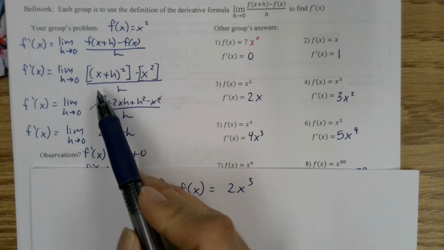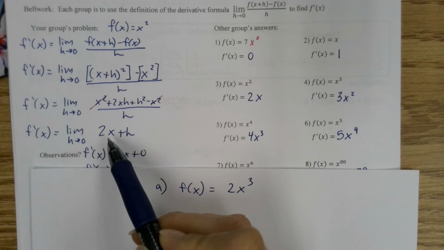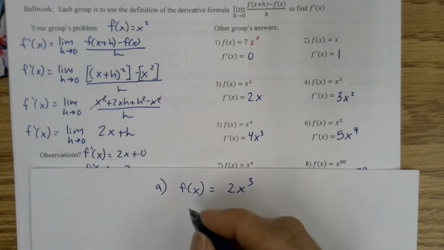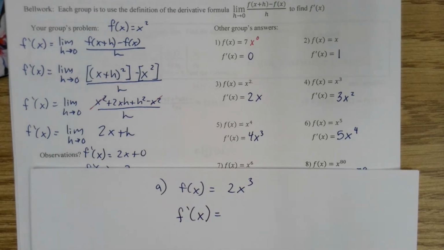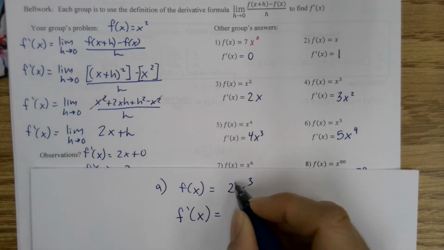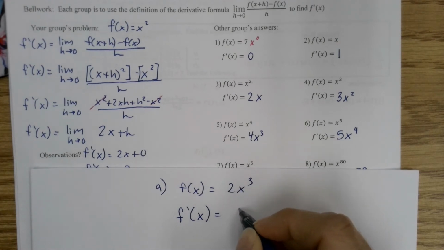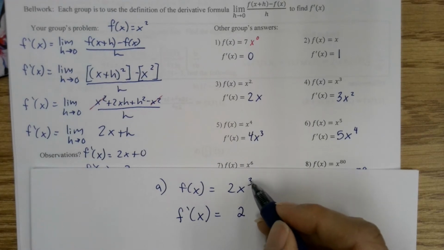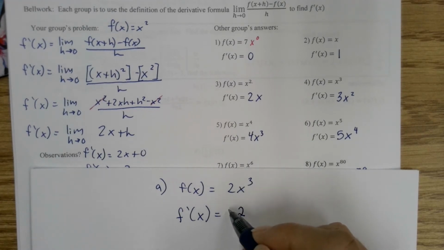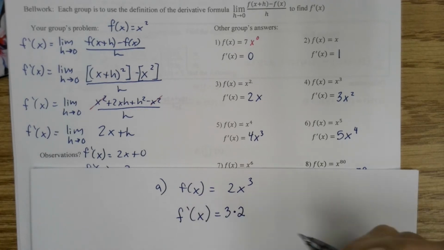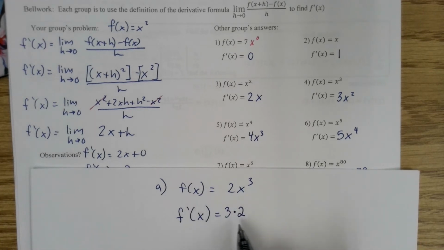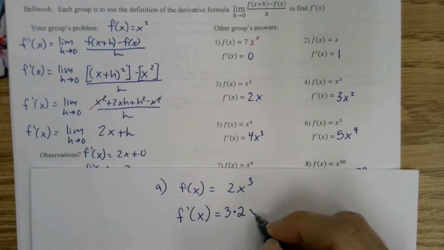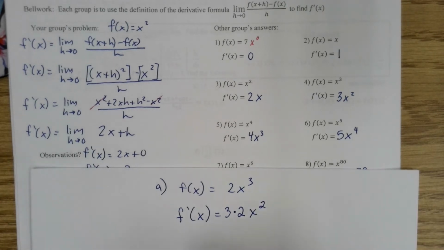That 2 would carry down on the next step, it would distribute, and we would actually have a 2 left over at the end, which means if I want to find the derivative using these new patterns that I'm noticing, this 2 in the front actually just carries down. The power, the 3, does pull out to the front to become a coefficient, so those two will become a product of 2 coefficients to give us 6. And then my power will drop down to a 2. So the most cleaned up version of this would be 6x squared.